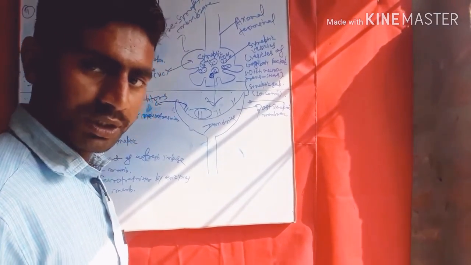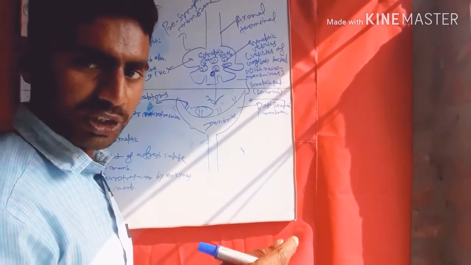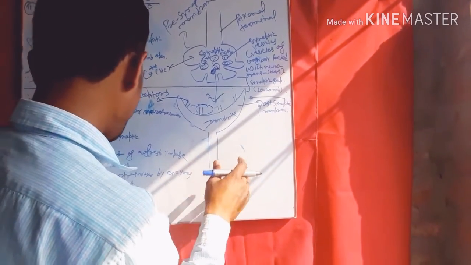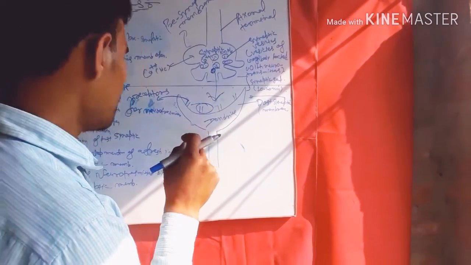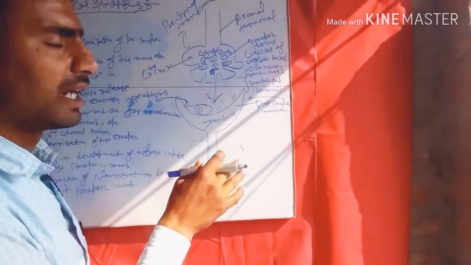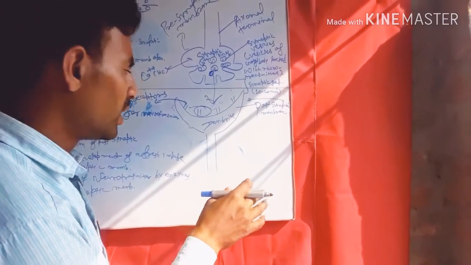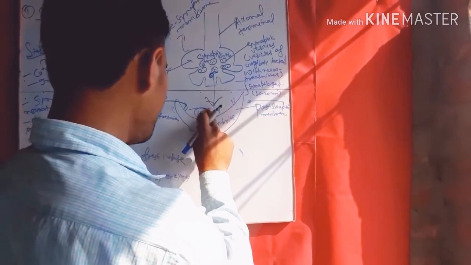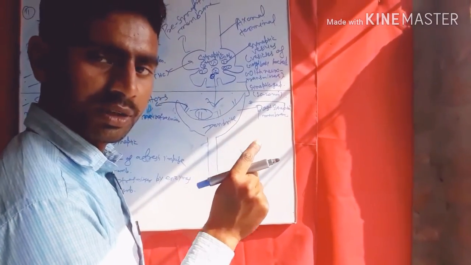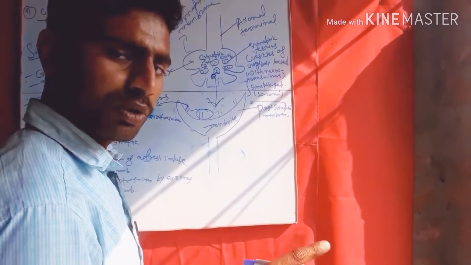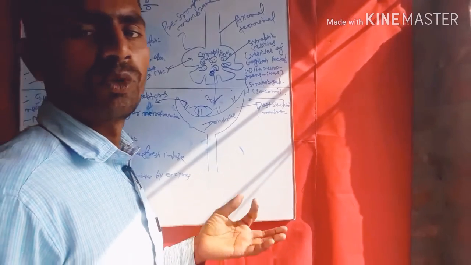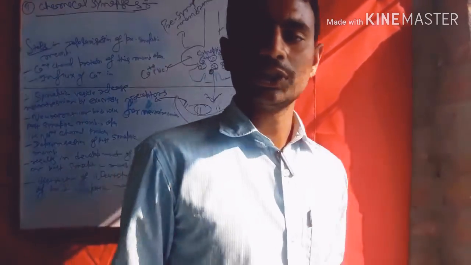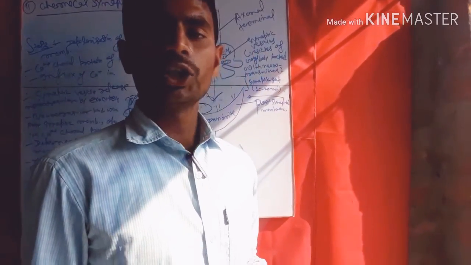This is the process of generation of impulse. After that, destruction of neurotransmitter by enzymes of the postsynaptic membrane.